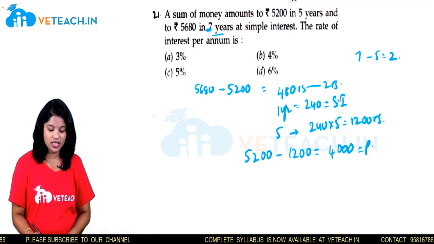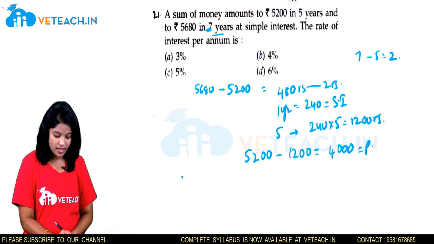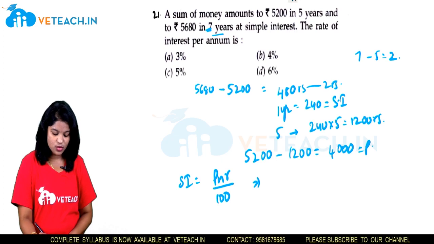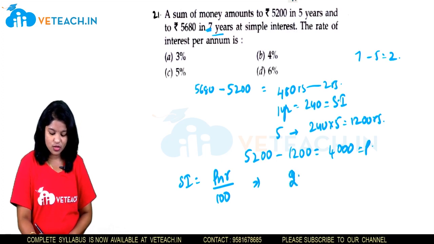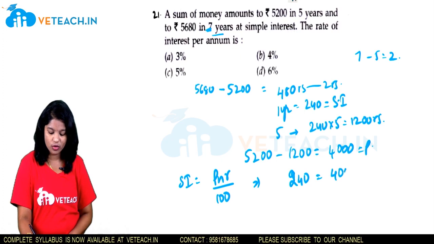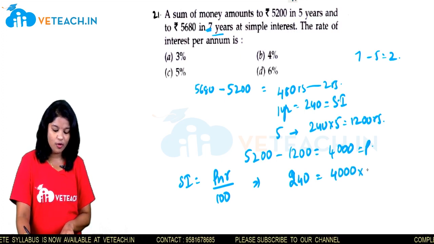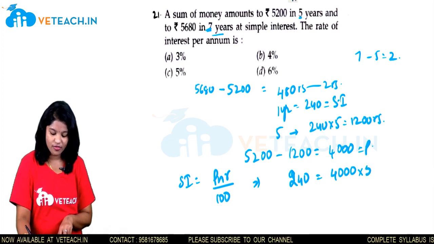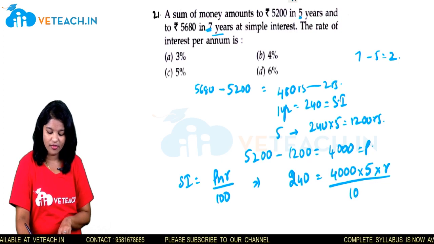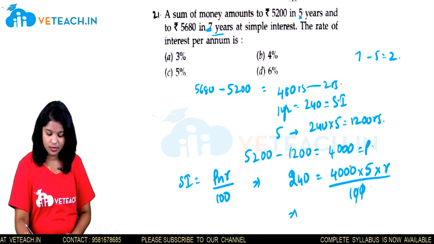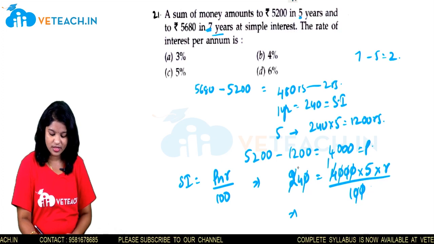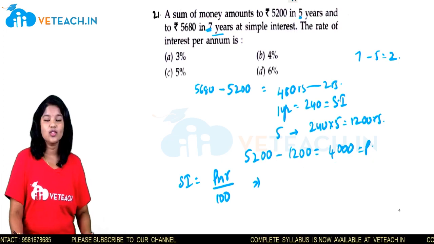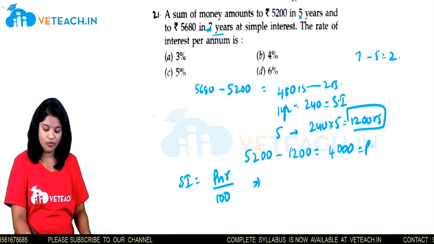Now the rate of interest is, so SI is equals to PNR by 100. Now let us take the time period as 5 years.